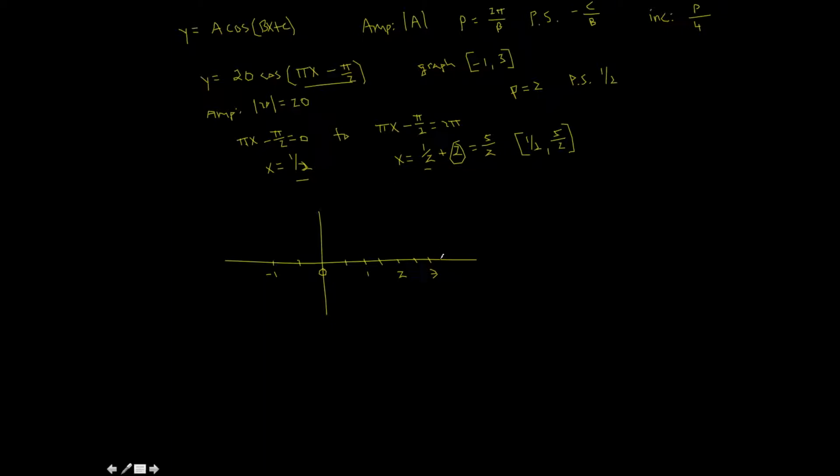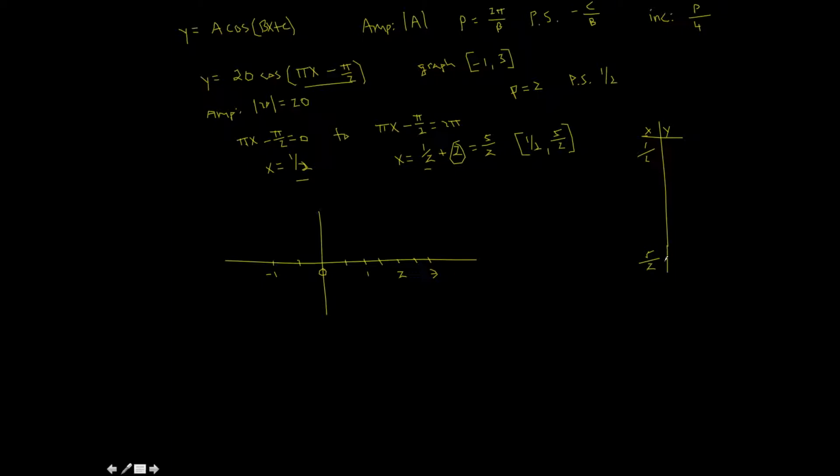But 1/2 to 5 over 2 is going to be our one cycle here. So 1/2 is the first number in our t-chart. 5 over 2 is the last number in our t-chart.